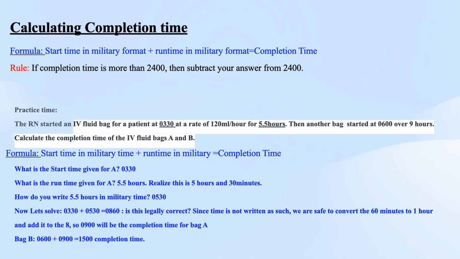The next question for bag B, we have starting time to be 0600, and the run time is 9 hours. So we change 9 hours to military format. We have 0900. So the completion time here is what? 6 plus 9 is 1500. What is 1500 in real time?